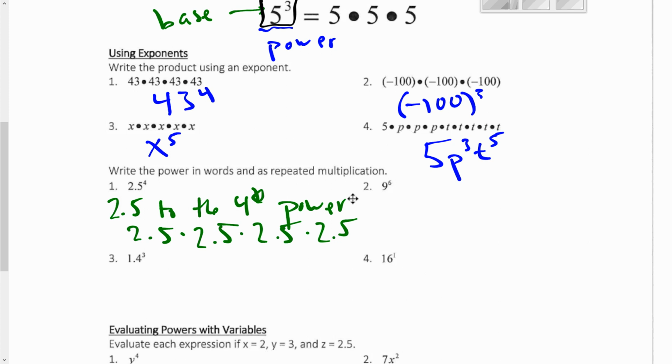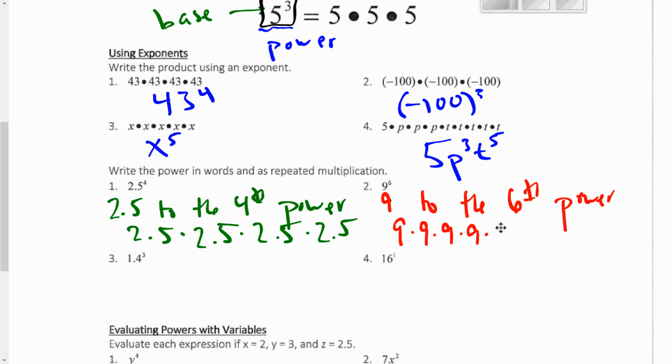The next one is 9 to the sixth power. In words, we're going to write 9 to the sixth power. And as repeated multiplication, we're going to do 9 times 9, 6 times. 1, 2, 3, 4, 5, 6.